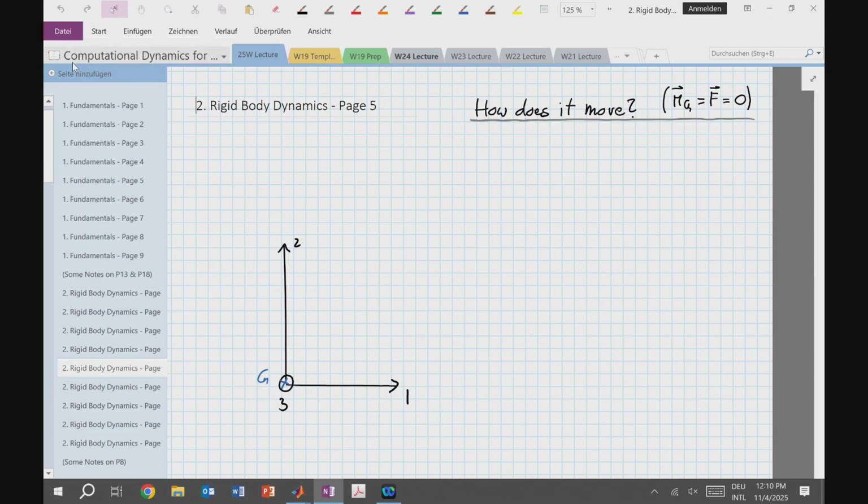Now, the question, of course, is how does this thing move? What happens next? And the assumption here is that I have no external force, no external torque, so they're all 0. The first assumption would be, well, if I'm rotating about this axis and have no external torques, I should see no angular acceleration.